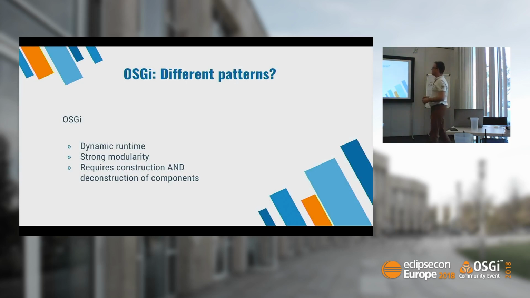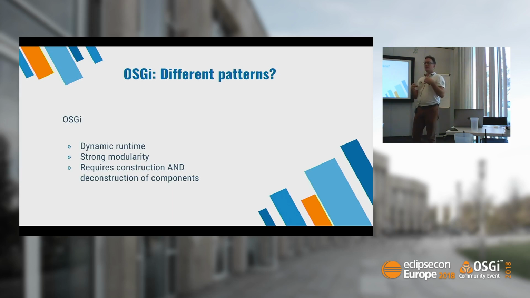So, what about OSGi? OSGi has some special properties, and what I would like to look into is how these special properties might influence the patterns you use. You end up with a different pattern that does a similar job as an original pattern, but maybe does it better in the context of OSGi. In OSGi we have a dynamic runtime. That means bundles, services, packages can all go up and down, and you have to cope with that.